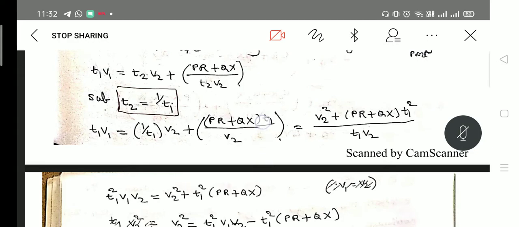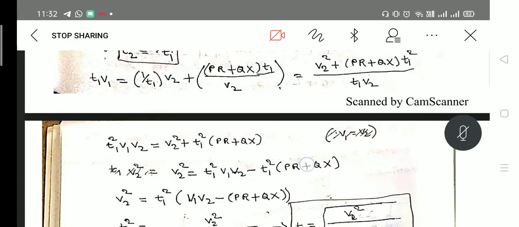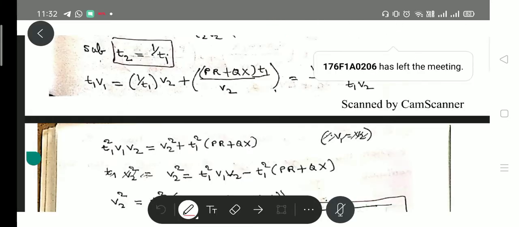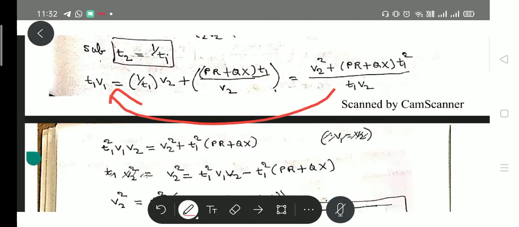Taking T1 V2 to this side, then we get T1 square into V1 V2 is equal to V2 square plus T1 square into PR plus QX.